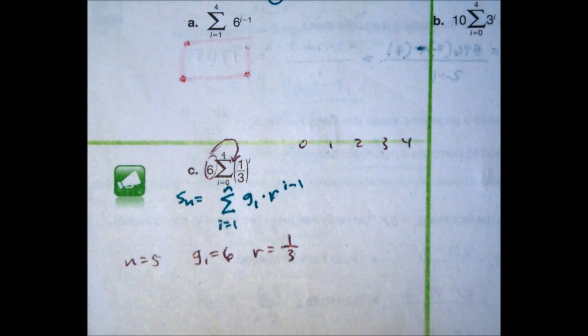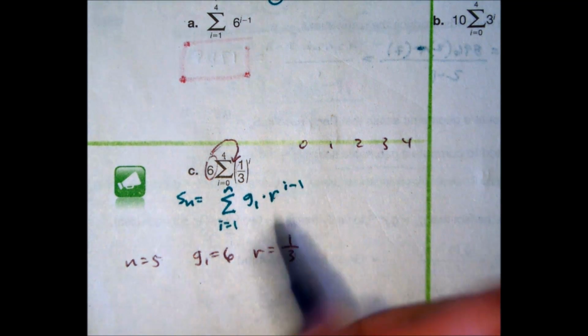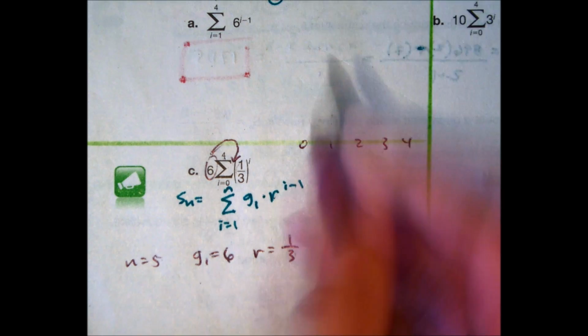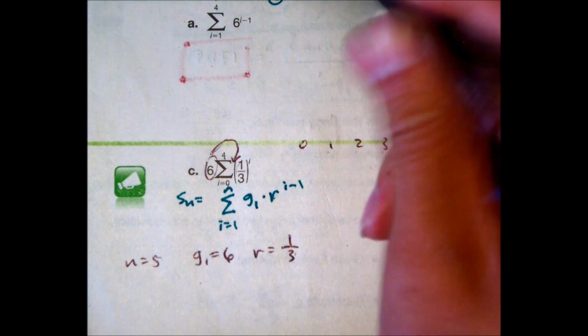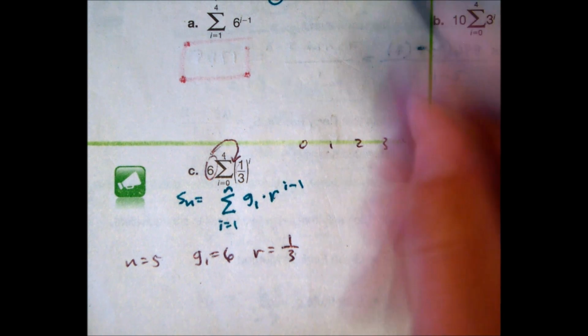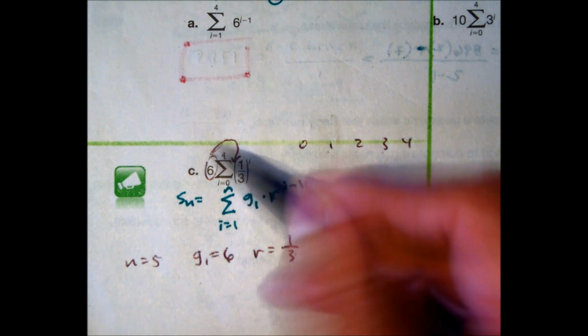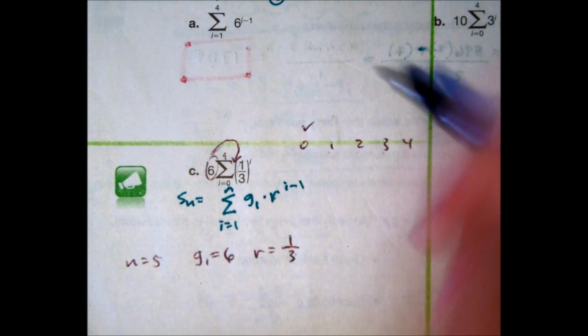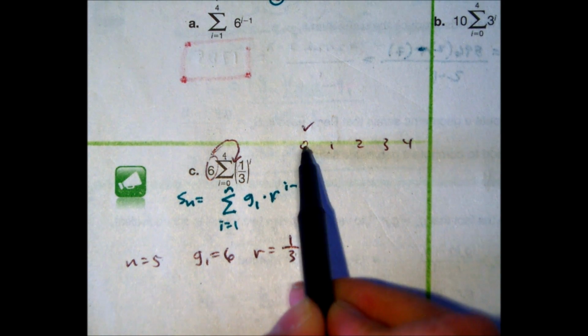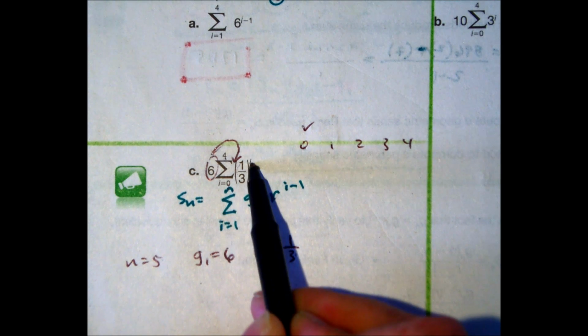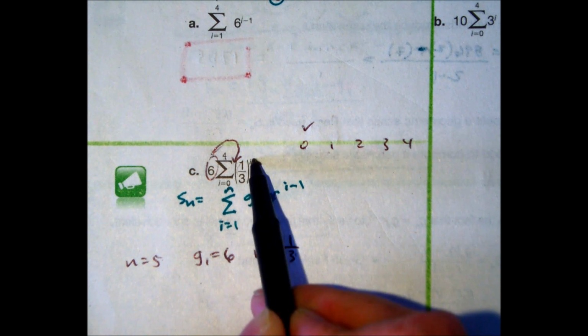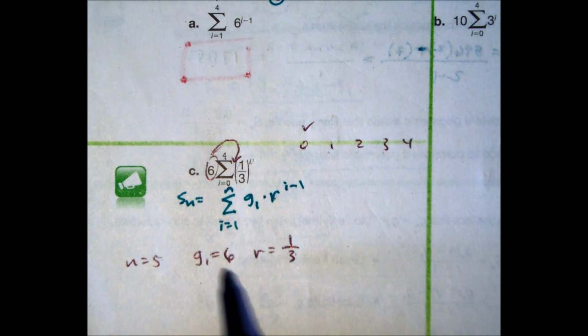Now, it would be a pain to substitute. Let me prove to you that the first term equals 6. If I take in 0 where i is, anything to the 0 power is equal to 1. 1 times 6 equals 6.